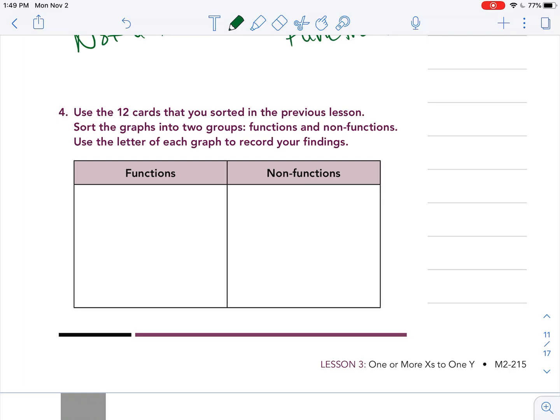If you go back and look at those, you will see that A, B, C, E, G, H, K, and L are functions, where D, F, I, and J are not. If you don't know where those are, they're on page 199 and 201.